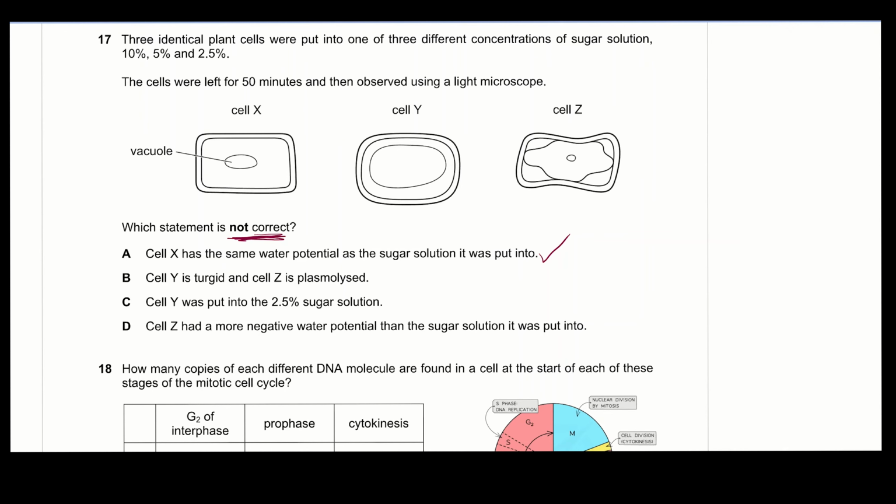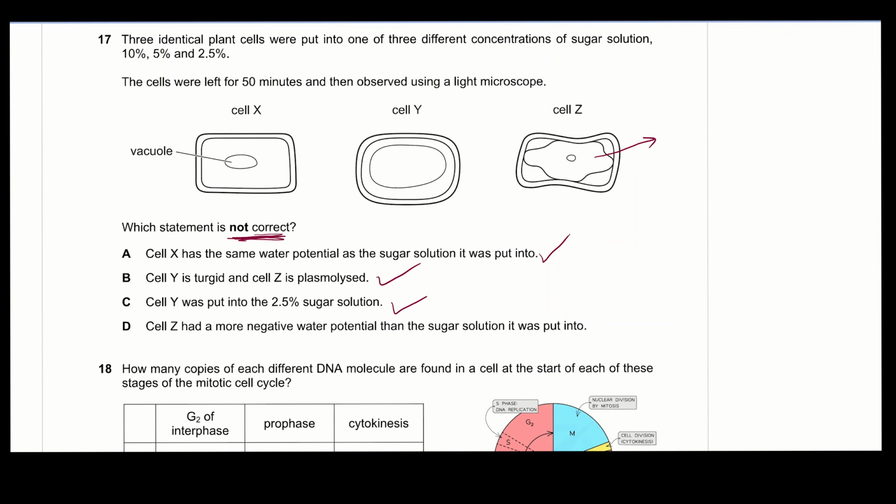For B, cell Y is turgid and cell Z is plasmolyzed. A turgid cell is when water enters the cell, inflating it like a balloon, and Z is plasmolyzed when water moves out and the cell membrane constricts. So this is correct. C, cell Y was put into a 2.5% sugar solution.